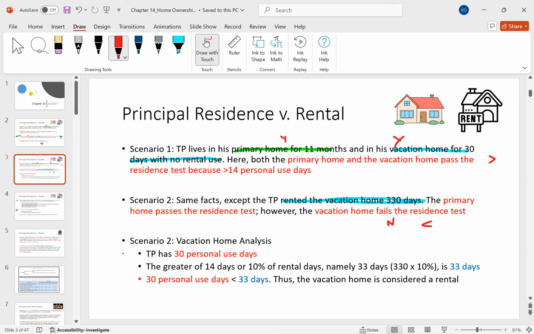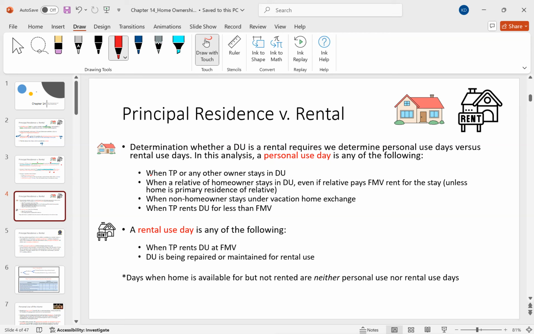So you can see the framework, step 1, step 2, step 3, for how you can map that out. In that formula, we talk about personal use days versus rental days.